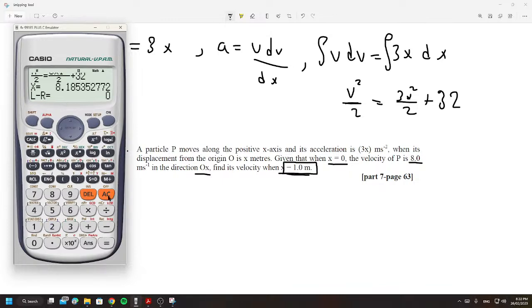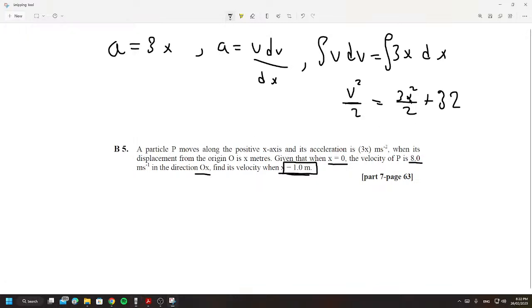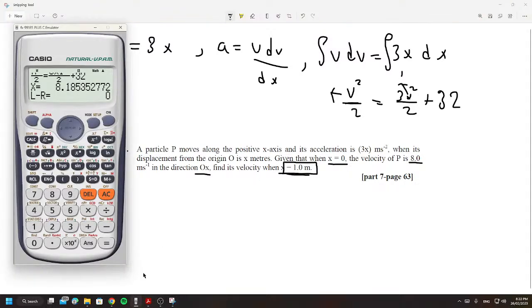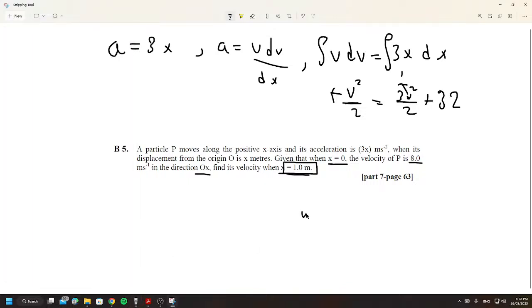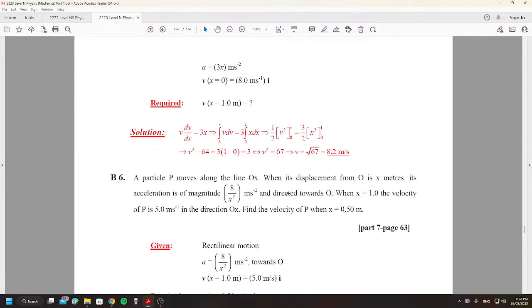Now we solve for v, and we get 8.2 meters per second. Okay, number 6.